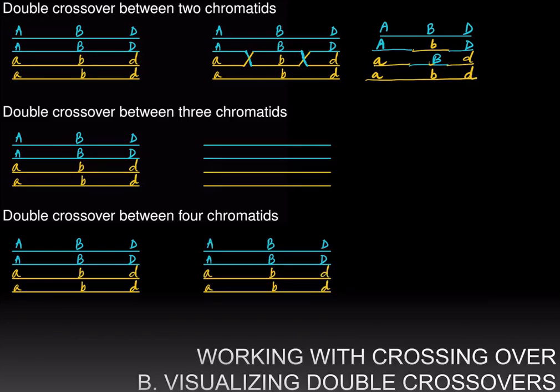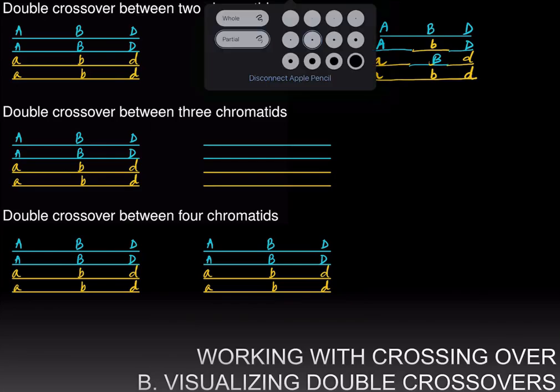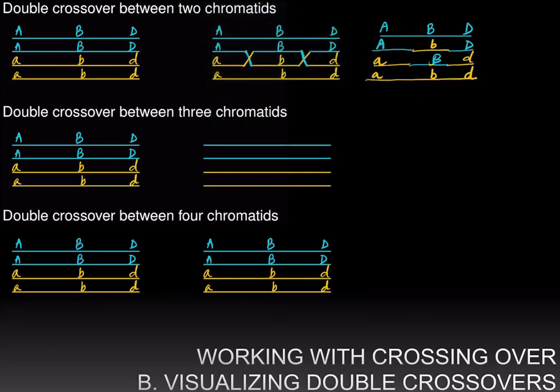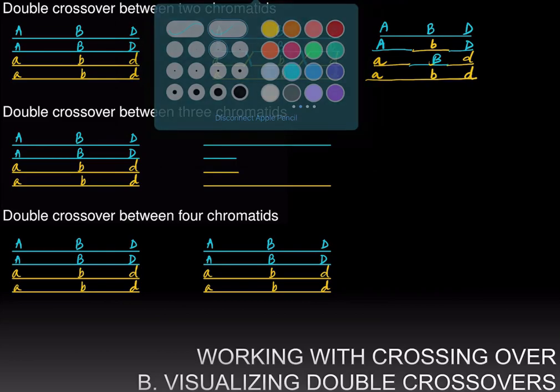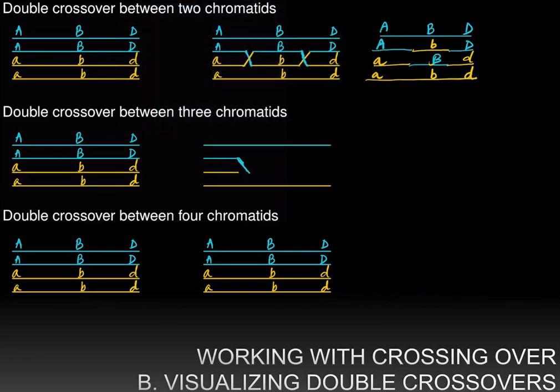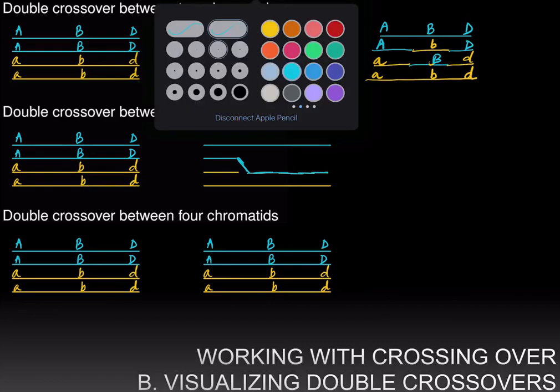Next, let us try and visualize 2 crossovers, but that which occur between 2 different pairs of chromatids. And so let's say these 2 non-sister chromatids, they cross over. And so we get something of this sort.